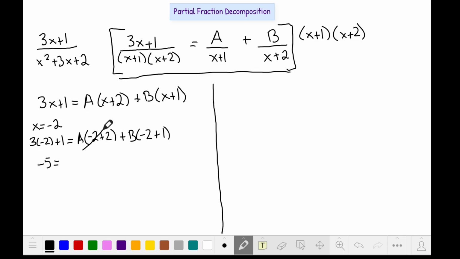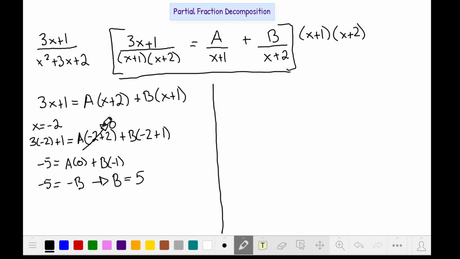So we're going to have a times 0 plus, and now we're going to have b times minus 2 plus 1. Well, minus 2 plus 1 is minus 1. So a times 0 wipes out. So we're going to have minus 5 is equal to minus b, because it's minus 1 times b. So then we get b equals 5.